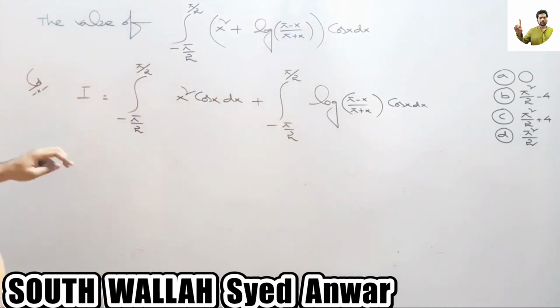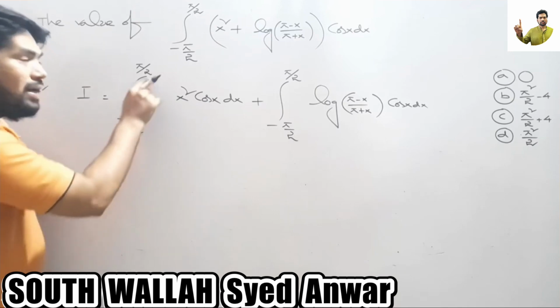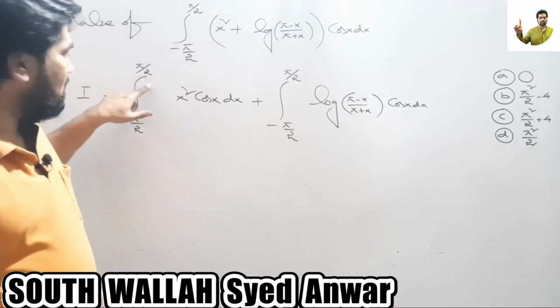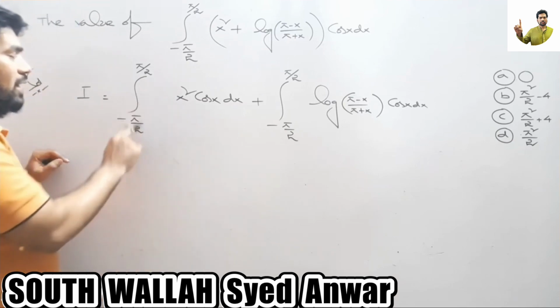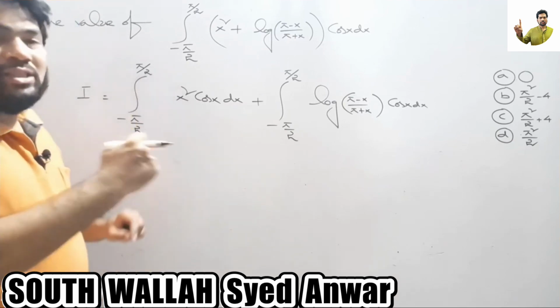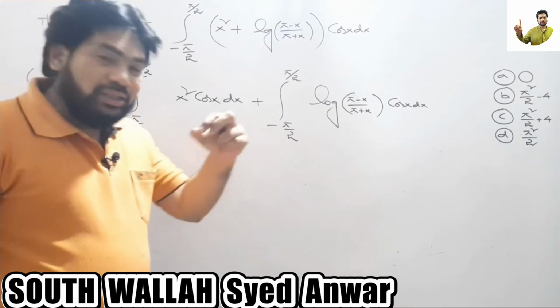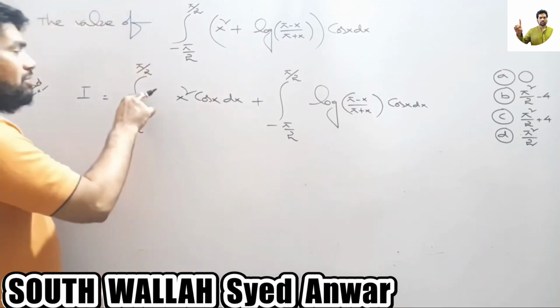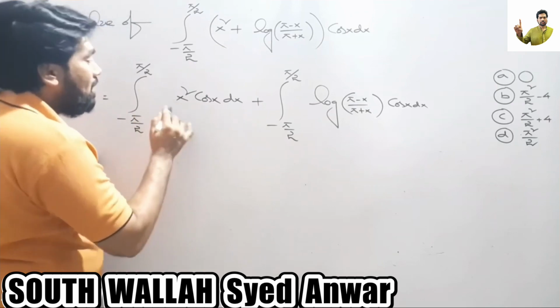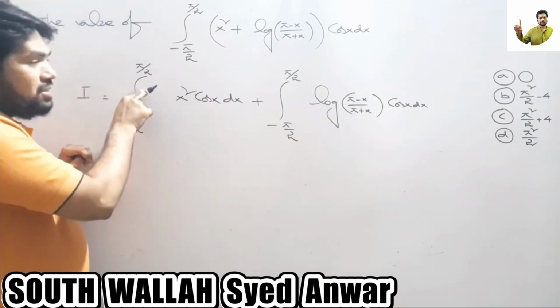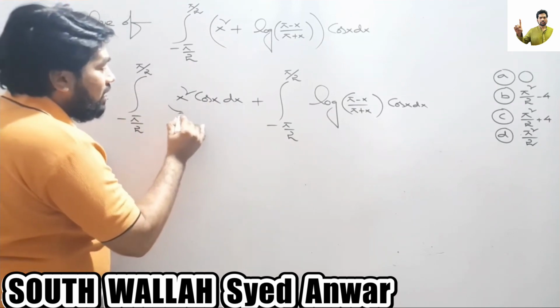Okay. Now it is of the form integral from minus a to a. Whenever you come across integral from minus a to a, just recollect the property. Between the integration symbol and dx, the part which is present is called the integrand.